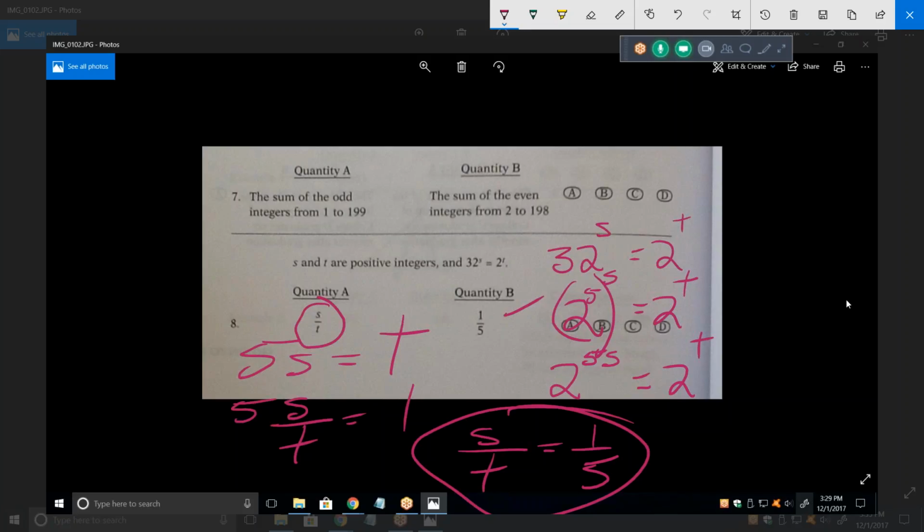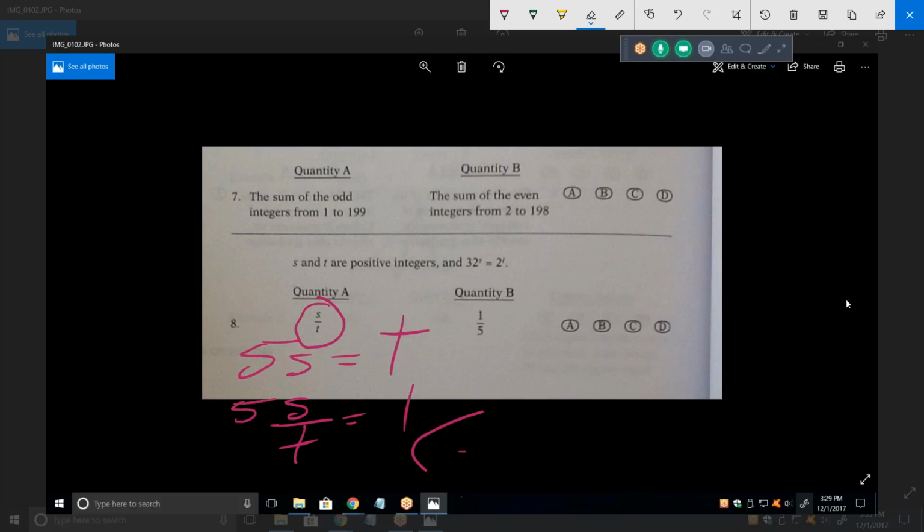So they're equal. But it requires you to go through each of these steps. And the very first step really depends on you recognizing that the first thing you should say to yourself when you see this problem is we're dealing with exponentials, because both variables are in the exponent. My S is an exponent and my T is an exponent.